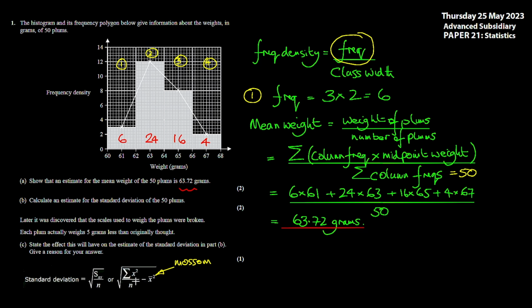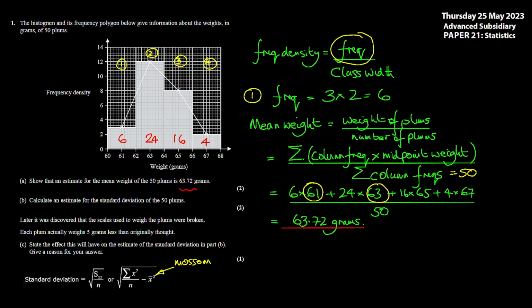Now again, we haven't got individual plum weights. So for column 1, for example, this is going to be 61 squared multiplied by 6. We're taking the weight and squaring it, saying we have 6 values of that 61 squared.